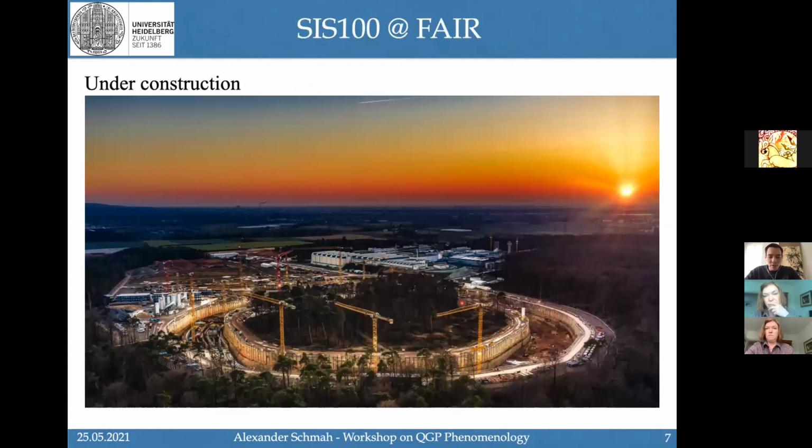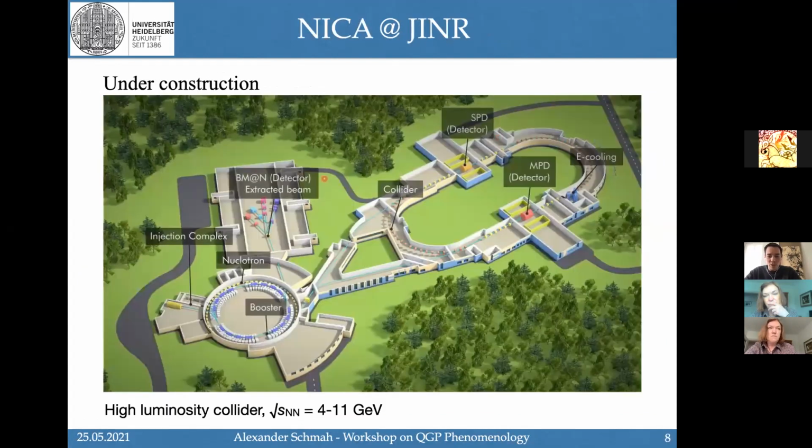Here you see a picture of this FAIR complex, how it looked a few weeks ago. So this is under construction. Also under construction is NICA at JINR. With an older part of the complex, you see here the Nuclotron, and then the newer part, which is actually a collider.